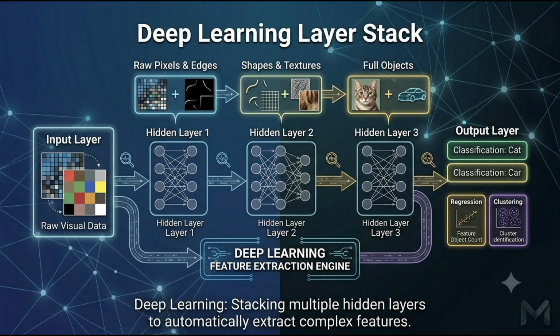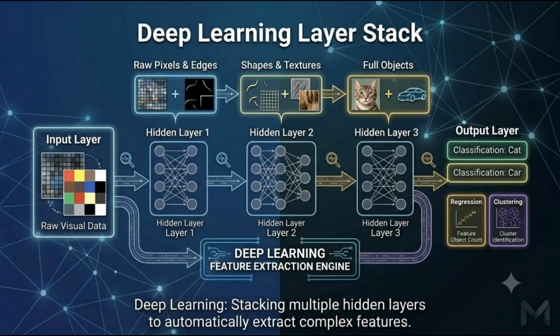By looking at thousands or millions of examples, the network slowly turns these internal knobs, adjusting its weights until its predictions match reality. When we stack many of these hidden layers together, we enter the domain of deep learning, a technology capable of discovering incredibly rich patterns completely on its own, without a human engineer needing to write specific rules.